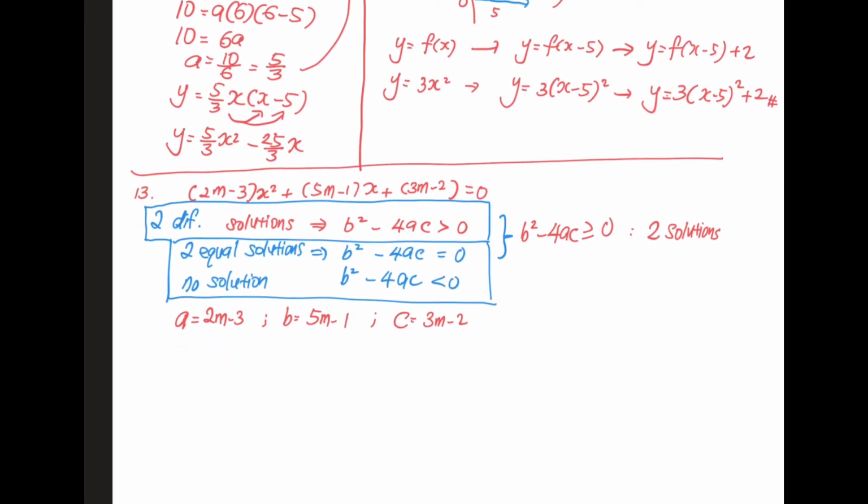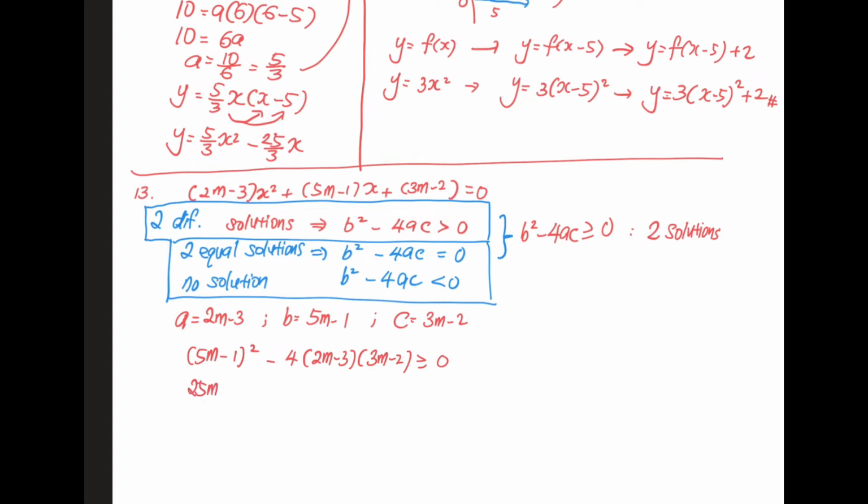So we are using b squared minus 4ac more than or equal to 0. So 5m minus 1, this is b squared, minus 4ac, more than or equal to 0. Then we expand them, and then we have to solve the quadratic inequalities at the end.